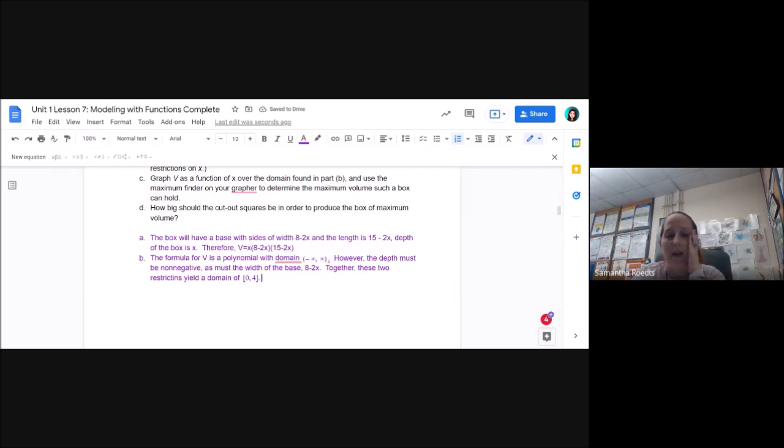So if I look for 8 minus 2x equals 0 and solve that, negative 2x equals negative 8, and then x equals 4, because negative 8 divided by negative 2 is 4. That's where I get that 4 from. So my depth can't be negative, and my width can't be negative.